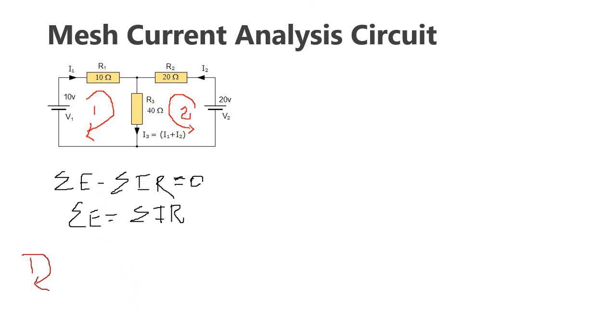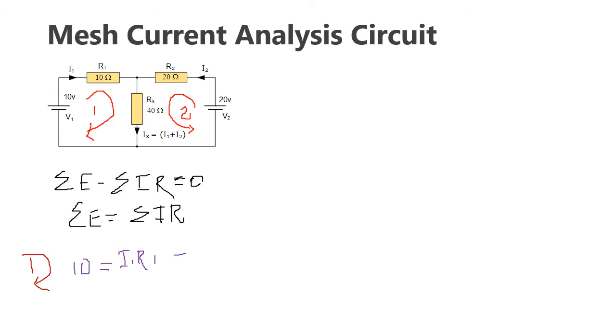Therefore we put plus 10 volt, and there are no other voltage sources. That will be equal to, in the resistor R1, the current flowing through R1 is I1. I1 is in the same direction as my loop direction, so we put plus I1 into R1.